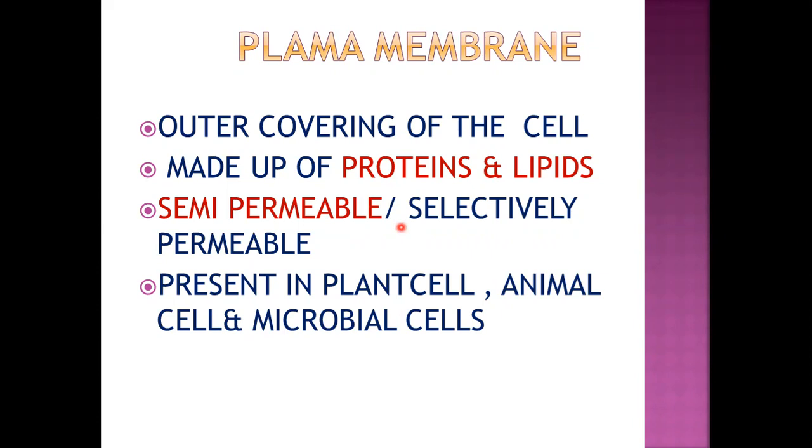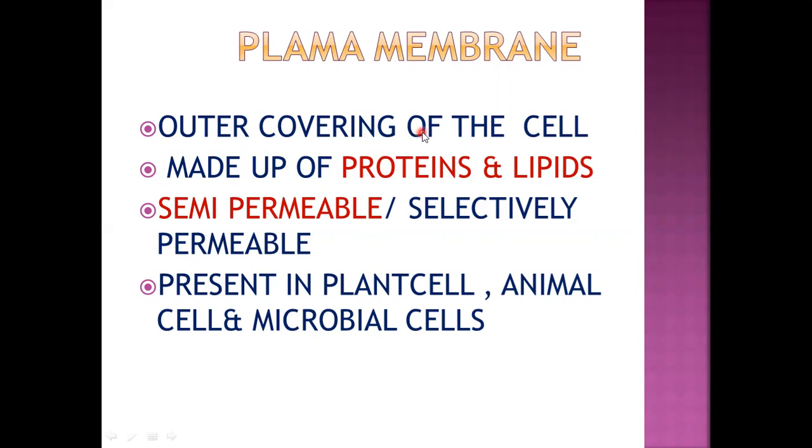And cell membrane is present in plant cells, animal cells as well as microbial cells, which means all living cells are made up of cell membrane. So, cell membrane is the outer covering of the cell and it protects the protoplasm.